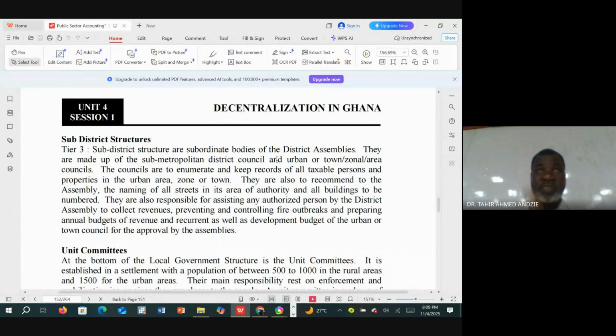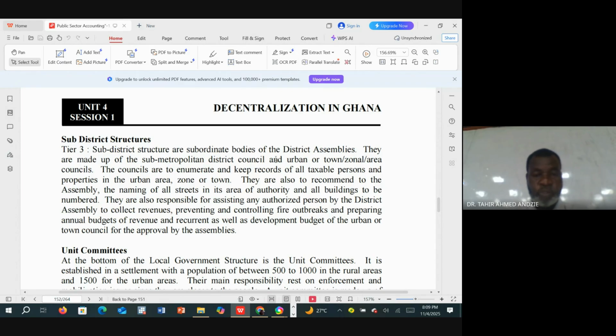In those days, there were people who went around to check whether our houses were clean. If your house is not clean and they see feces, you can be summoned to the assembly and fined. All those things. They are supposed to check that the policies of the assemblies are maintained in the various zonal, town or urban councils.